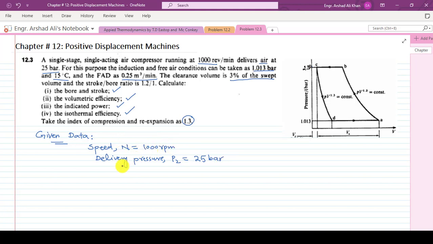The initial pressure P1 is 1.013 bar, and the initial temperature T1 is 15 degrees C. The free air delivery is 0.25 cubic meter per minute.